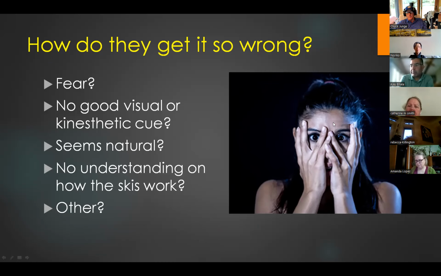It's not ineffective, but not the most effective, I would say. Does that make sense? Yeah. So which one of these is that under? Is it that she doesn't really have a good visual or kinesthetic cue of how it works? Or is there just no understanding of how the skiing works? I would say no understanding probably, but either one seems about right.